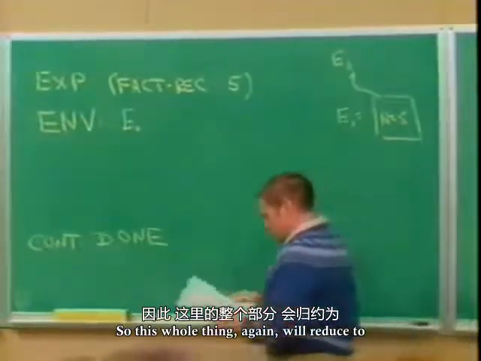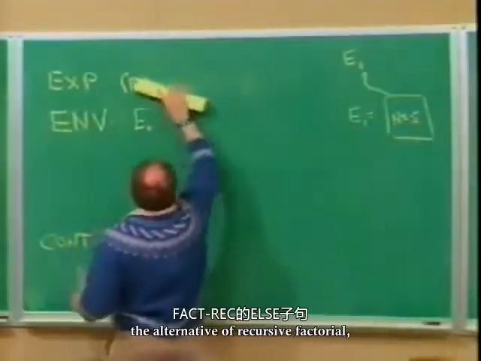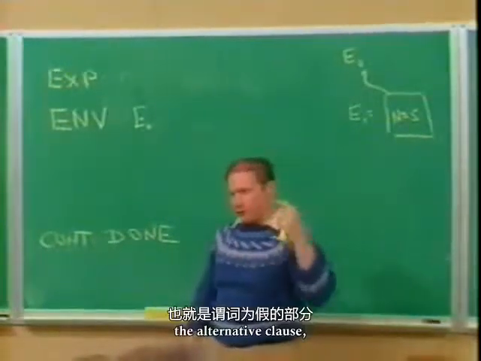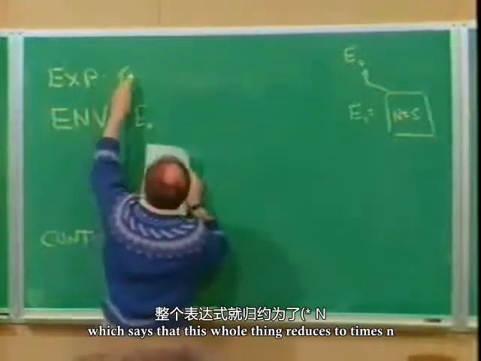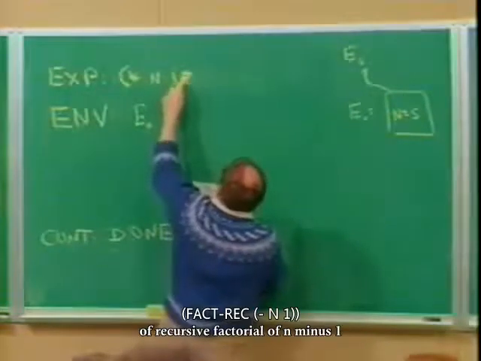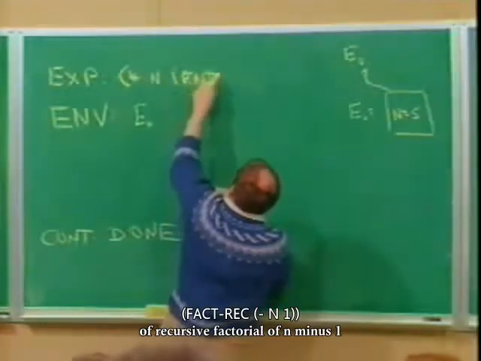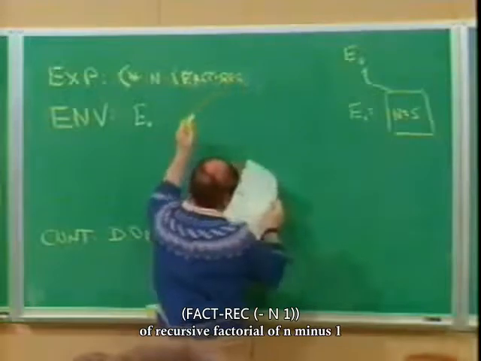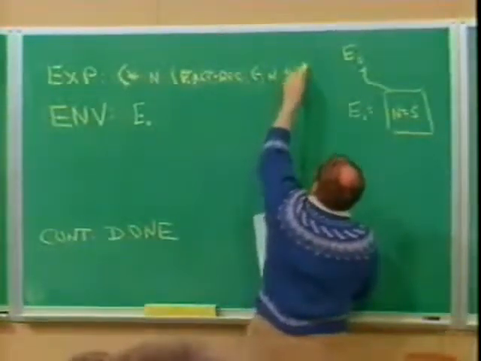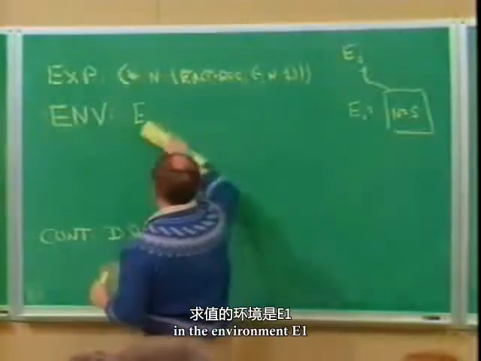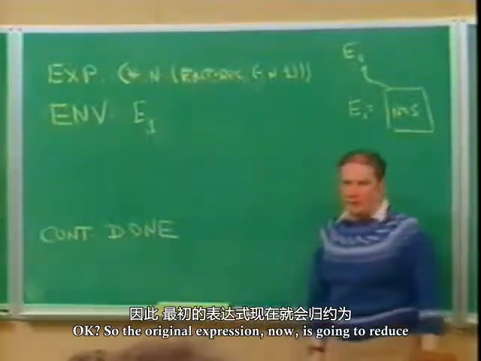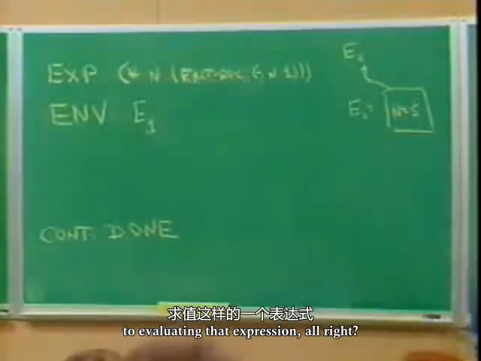So this whole thing will reduce to the alternative clause of recursive factorial, which says this whole thing reduces to times n of recursive factorial of n minus 1 in the environment E1. So the original expression now is going to reduce to evaluating that expression.